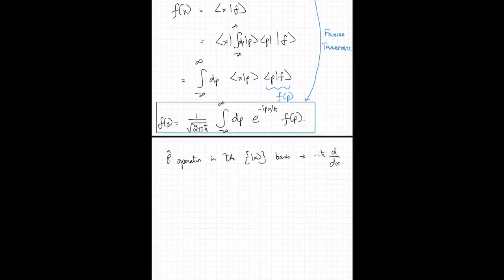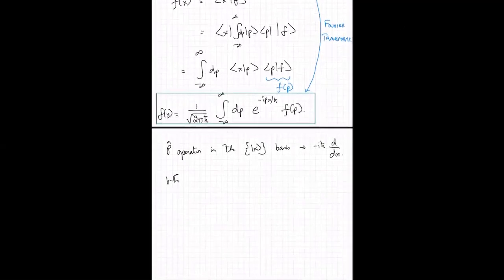Now I can equally well ask, what is the X operator, excuse me, in the P basis?